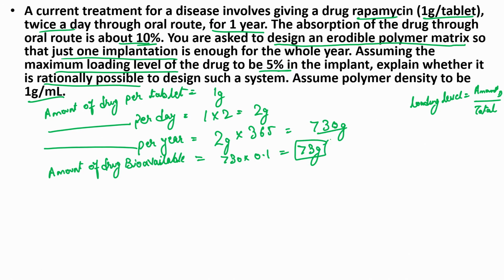So, now if we are implanting something, since we are going to implant this in the body, everything once the polymer degrades will come and remain in the body. So, we want to somehow make a device which has 73 gram of the drug.